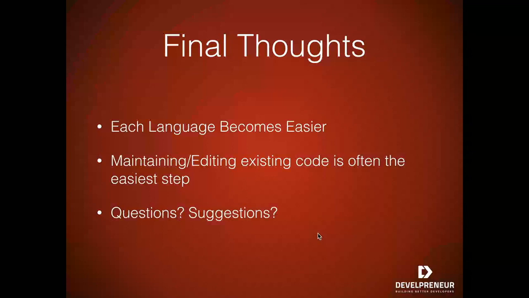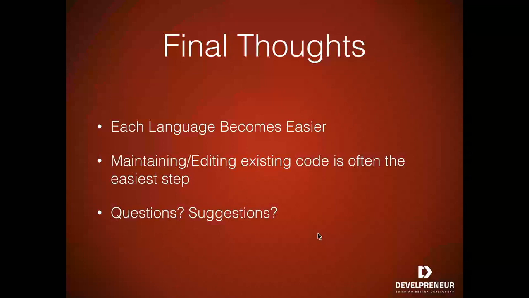And then, of course, maintaining and editing existing code is often the easiest step. I mentioned this early on. This is a great way to get some exposure to a language, and then maybe eventually you can work your way into building out full-blown applications. You start out and just do a little bit of bug fixes here or there, simple bug fixes early on, where it's a line of code here, a line of code there, maybe a little logic error.